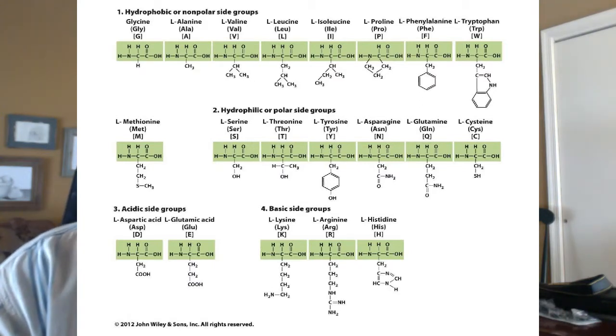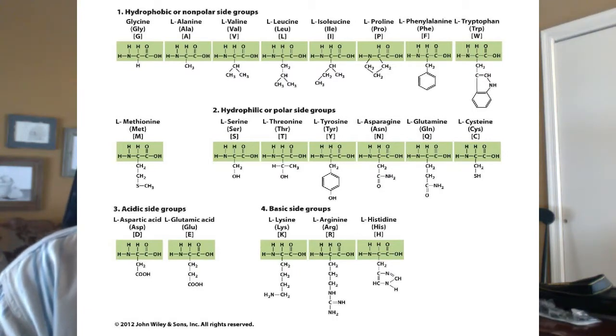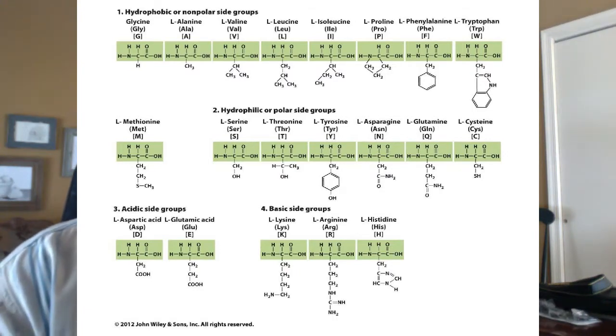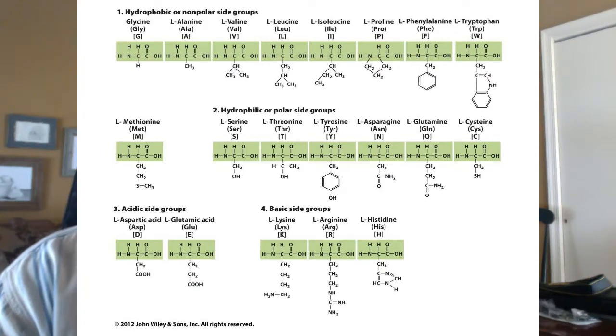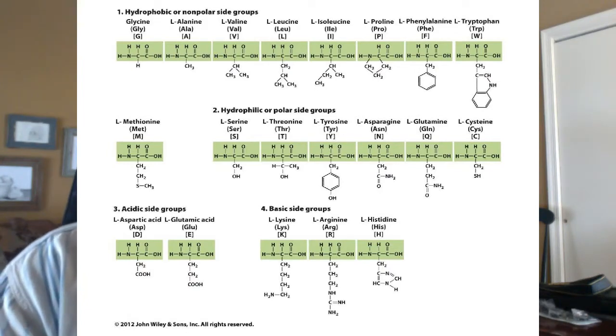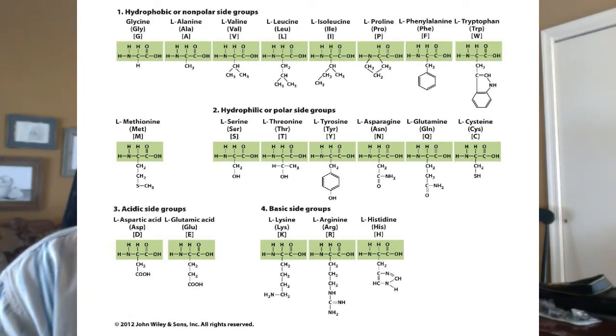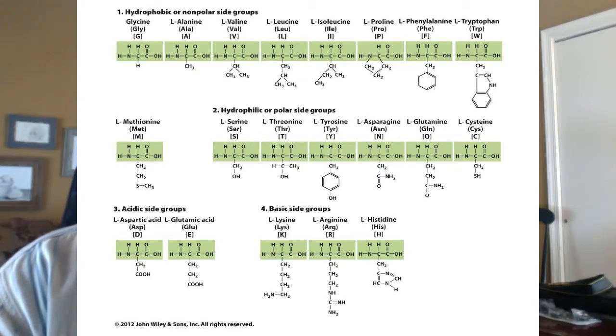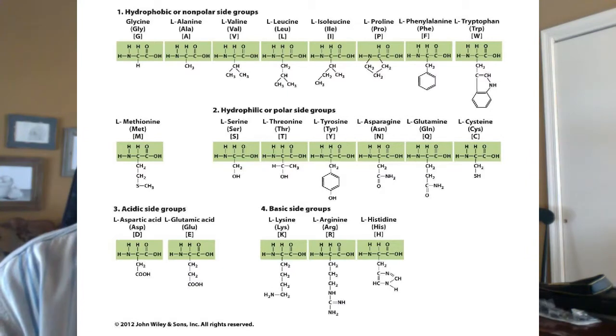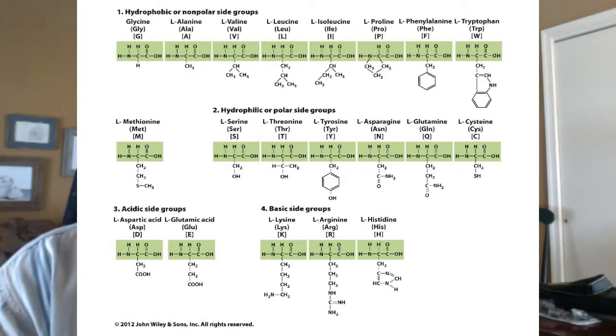And I like this picture because it shows you in the green boxes the basic amino carbon carboxy structure of the amino acid. And then, of course, underlying the green box are all of the different possible side chains. These side chains give different qualities.